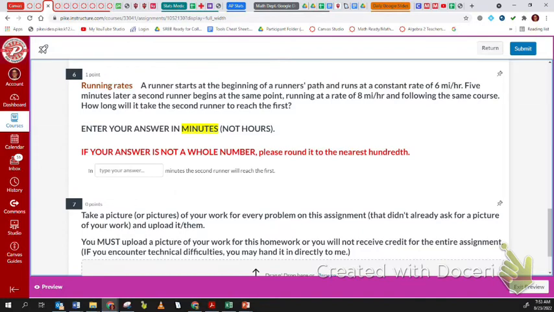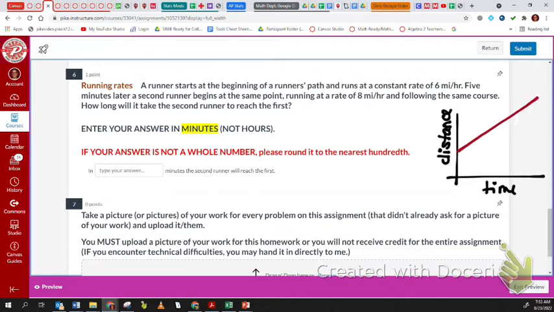So I kind of think of this one like this. We've got time and we have distance. Our first runner takes off. Sometime after that, and it tells us how long, the second runner leaves.